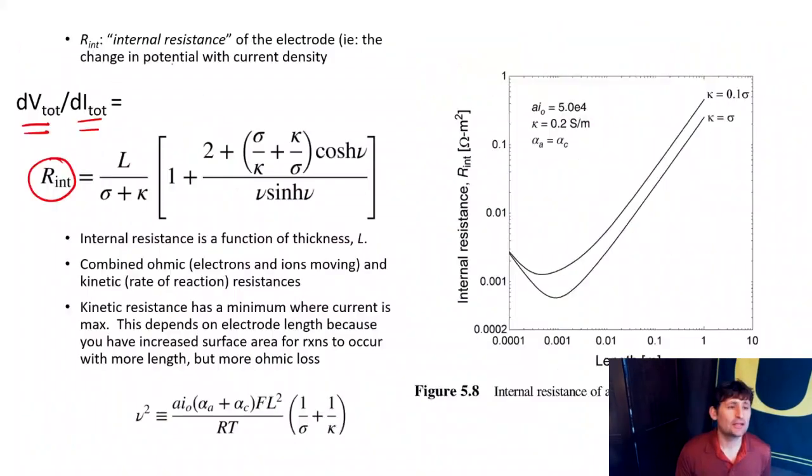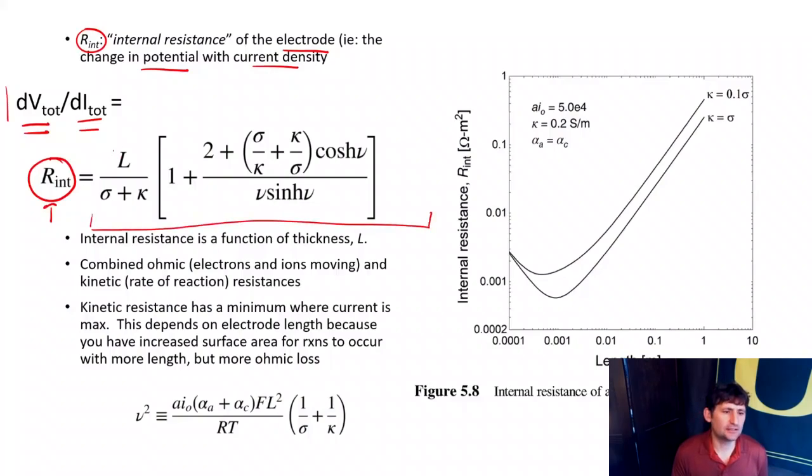and the overall potential is dropped across this whole array of resistors and capacitors. Okay, and the final thing I want to talk about is this idea of an internal resistance for the cell or the electrode, which is the change in potential with current density. And so this is something we can define. dV di is an internal resistance. And if you go through the math, you can derive this expression.